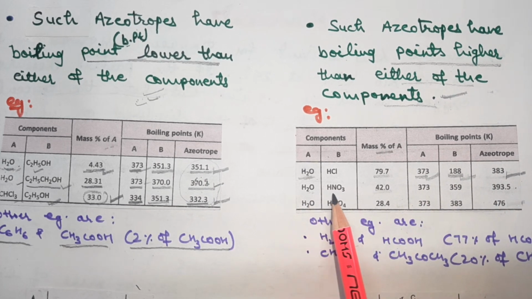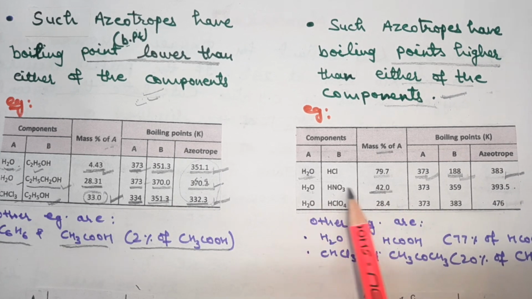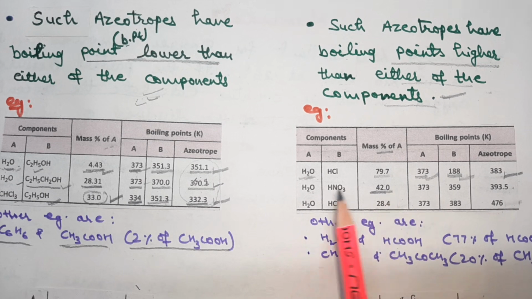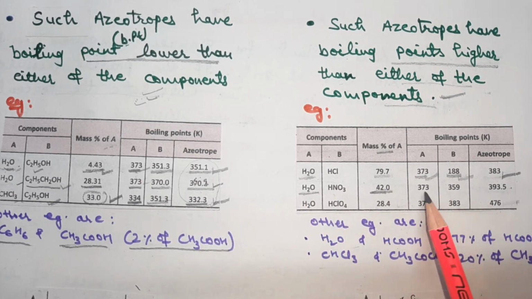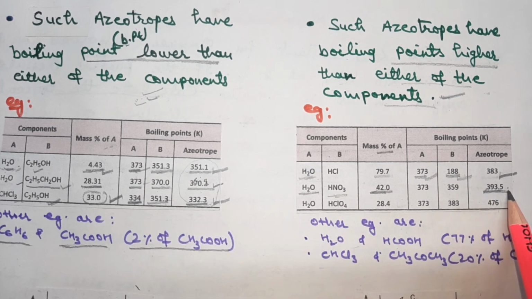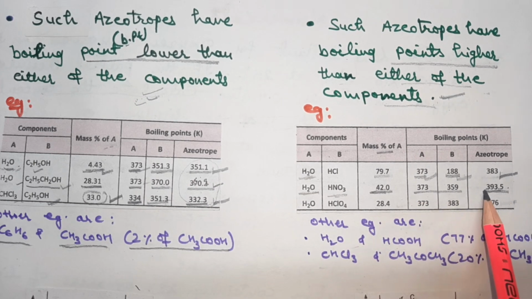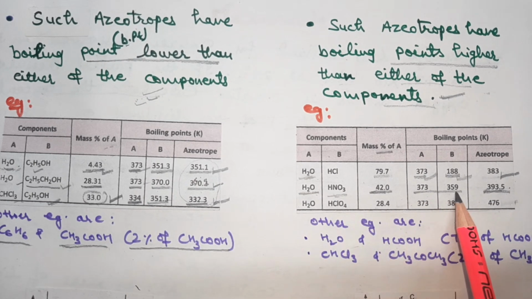Next is water and nitric acid. When 42% जो मास परसेंटेज वाटर की अटेन हो जाती है, देन इट फॉर्म्स द एजियोट्रोपिक मिक्सचर. रेस्ट इज नाइट्रिक एसिड. सो इट बॉइल्स एट 393.5, which is again more than the boiling temperatures of water and nitric acid.